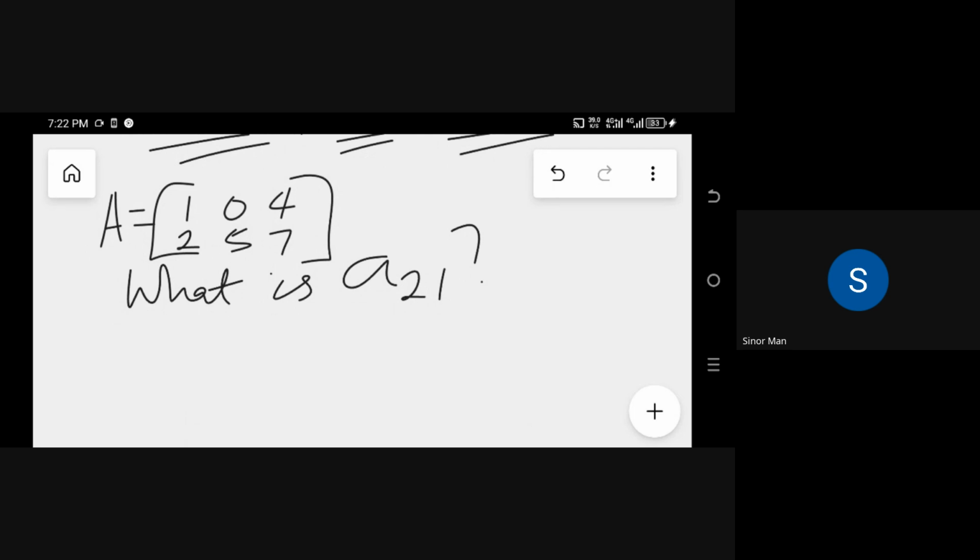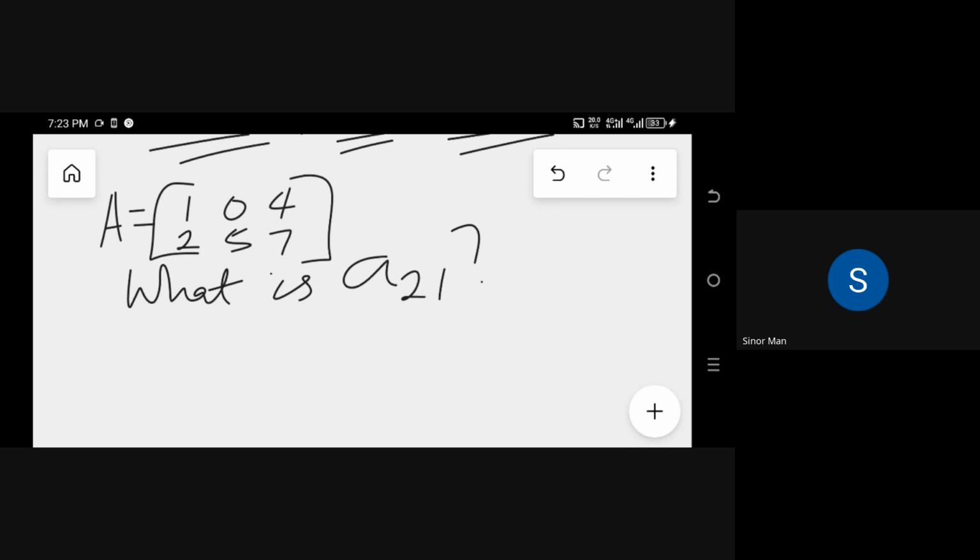While the small letters, the elements in matrix A, are all denoted by small letter a. If this is a matrix P, the elements in matrix P will be denoted by small letters p. If this is a matrix Q, the elements in matrix Q will be denoted by small letters q.